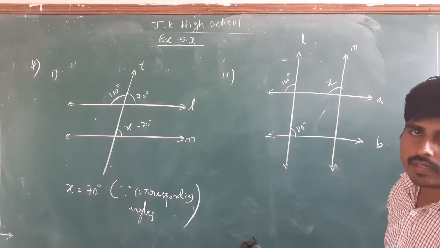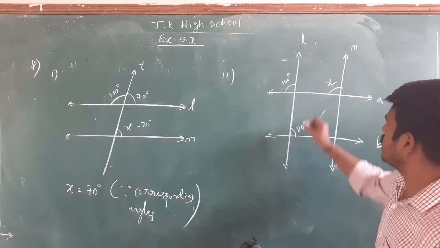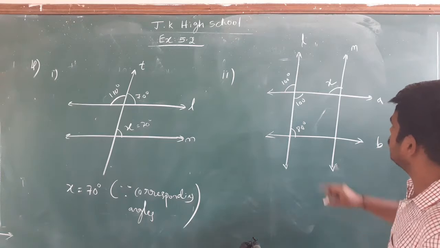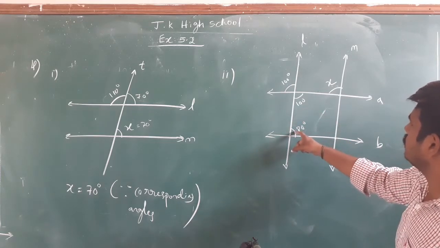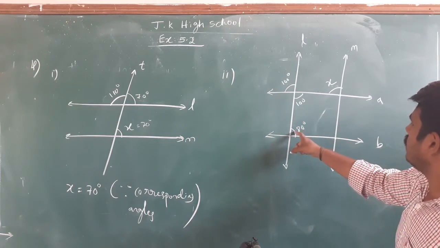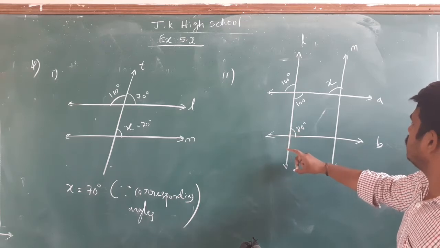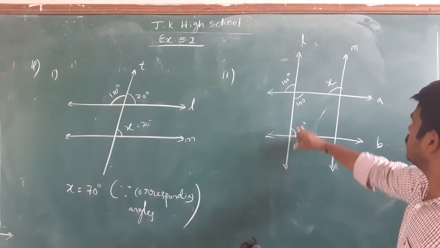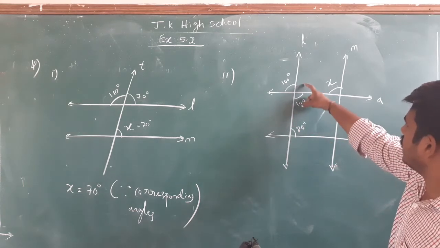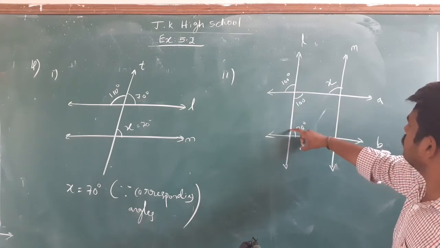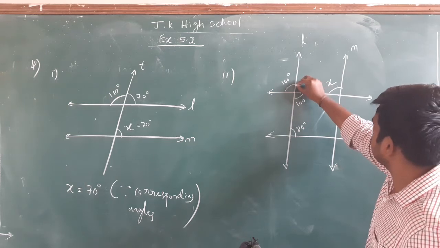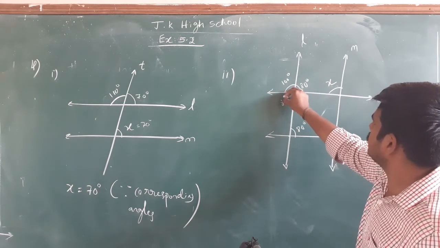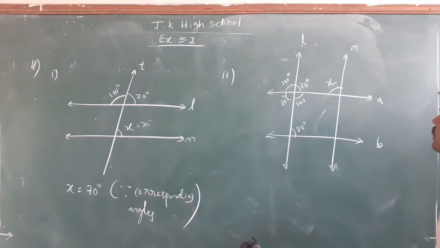If 2 lines are parallel, the sum of interior angles is how much? This is 100. Vertically opposite is 180. If this is the transversal, this is corresponding to 80.